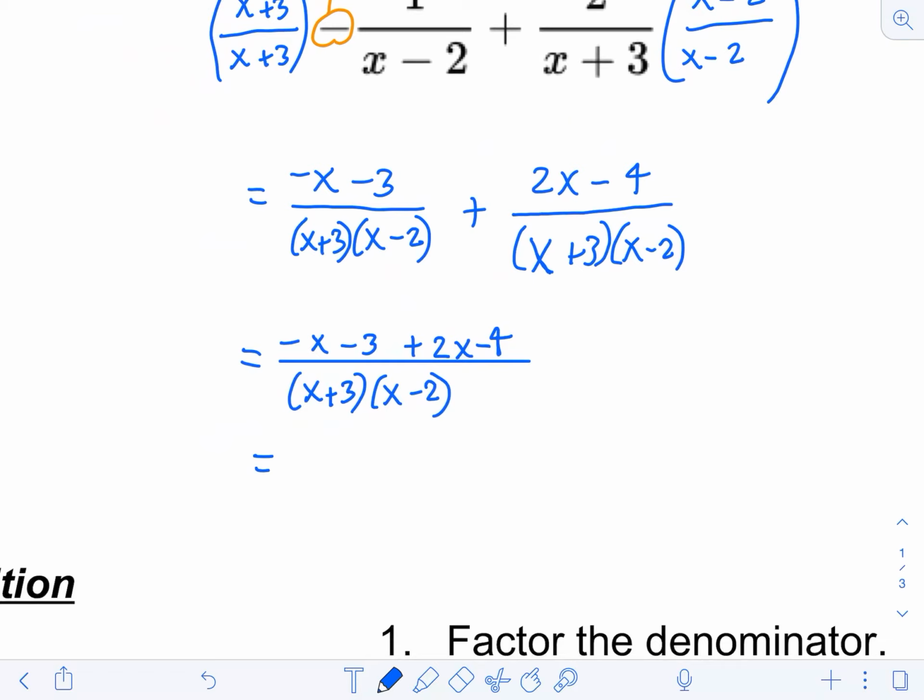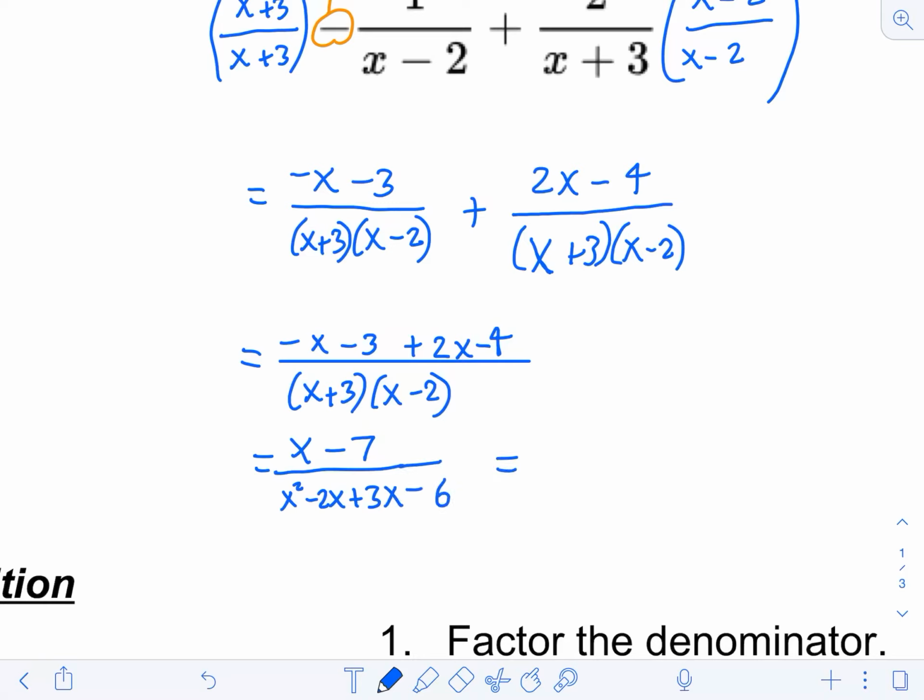Now, combining the like terms on top, we're going to do that, and we are also going to distribute the bottom. So that becomes 2x minus x, which is just x. Negative 3 minus 4 is negative 7. On bottom, we get x squared minus 2x plus 3x minus 6.